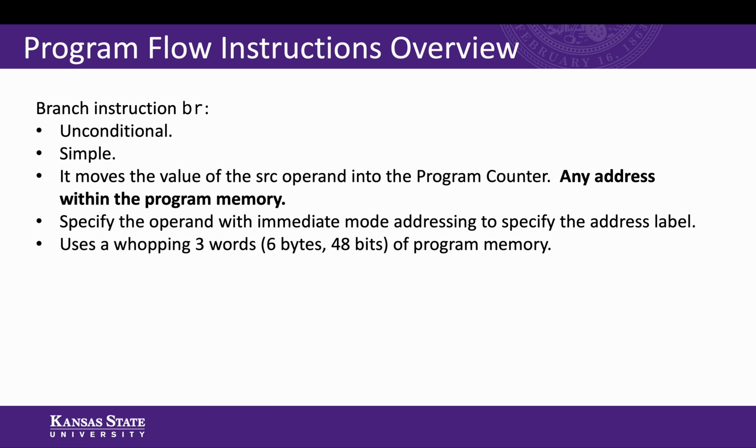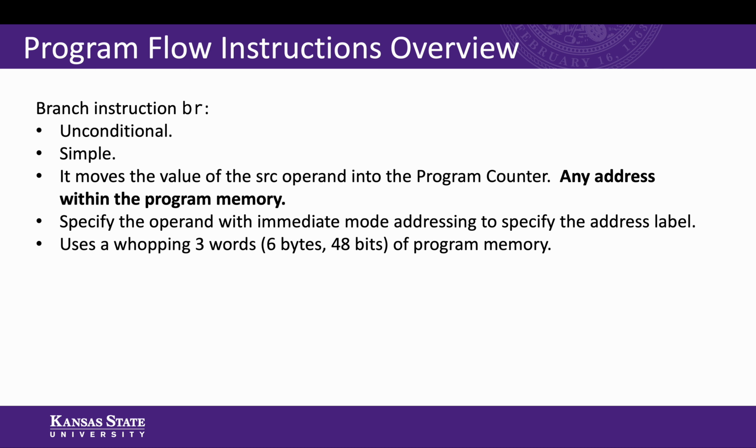You give it an address, and then it moves that address into the program counter, any address that is within the program memory. You would probably want to specify the operand with immediate mode addressing to specify the address label, right? We're not going to keep track of these actual addresses. We're going to label addresses.